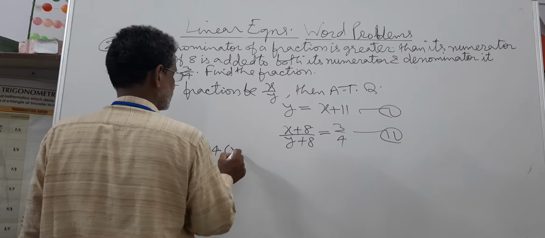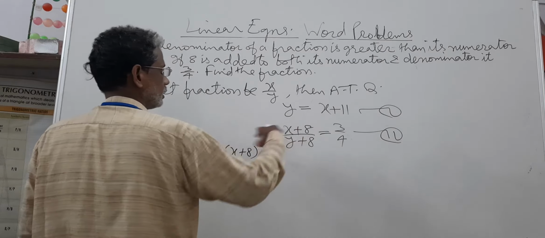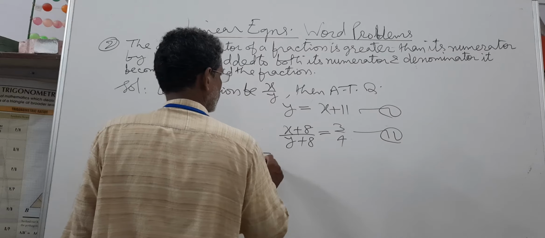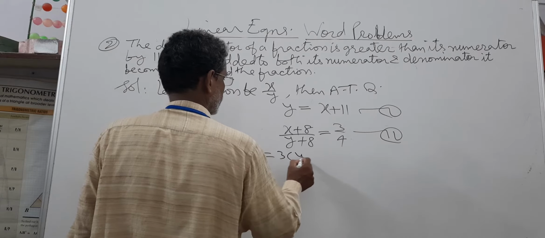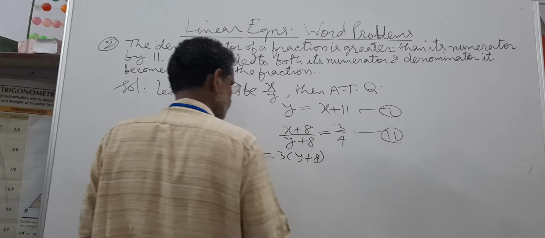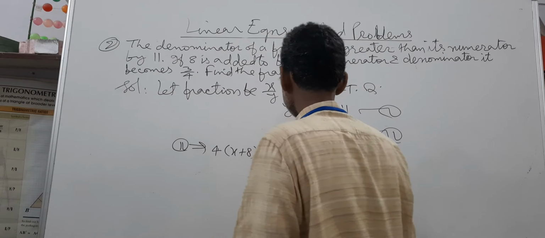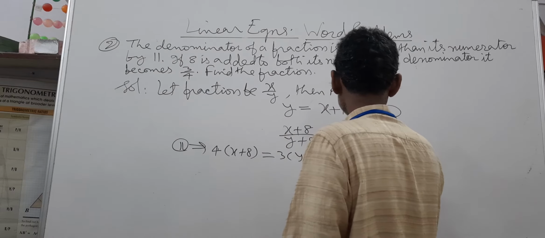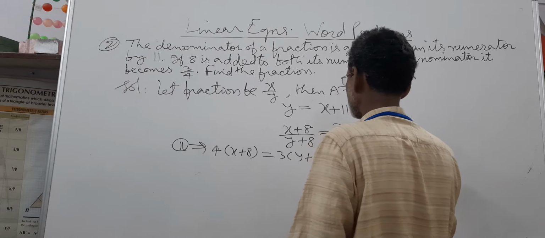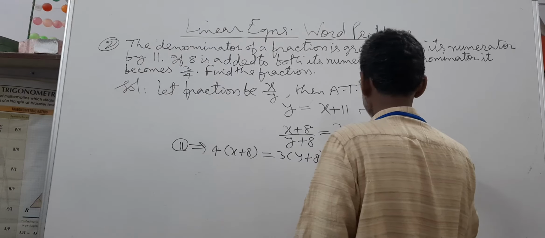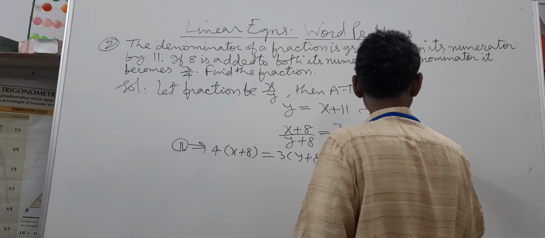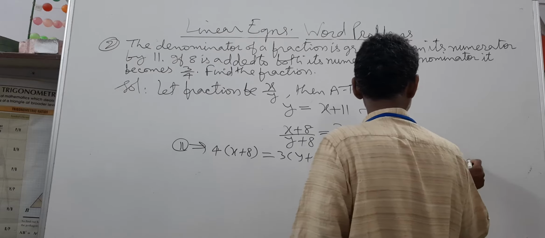4 into x plus 8 (cross multiply) is equal to 3 into y plus 8, which implies 4x plus 32 is equal to 3y plus 24.